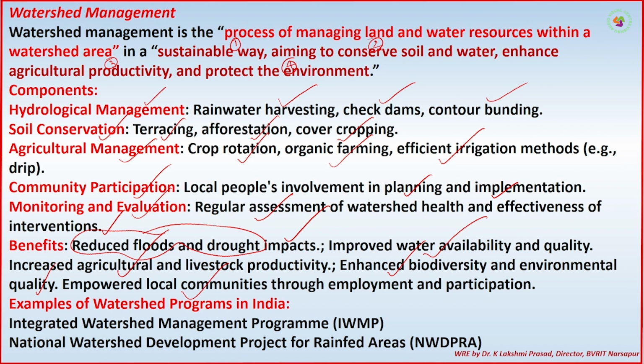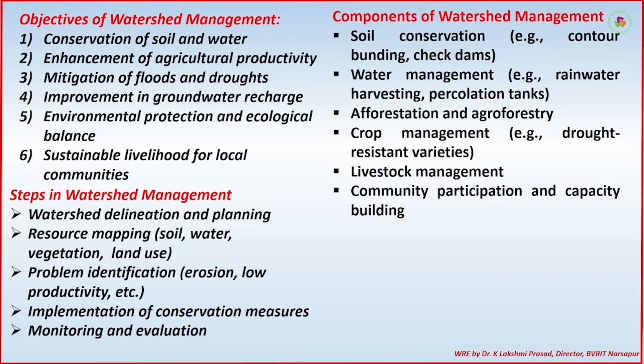Can you name any watershed programs in India? There are basically the Integrated Watershed Management Program, number one, and the National Watershed Development Project for Rain-fed Areas, number two. These are two examples of watershed programs in India.